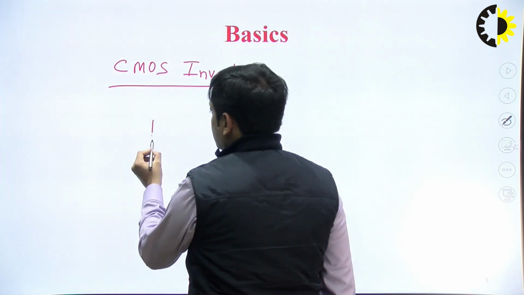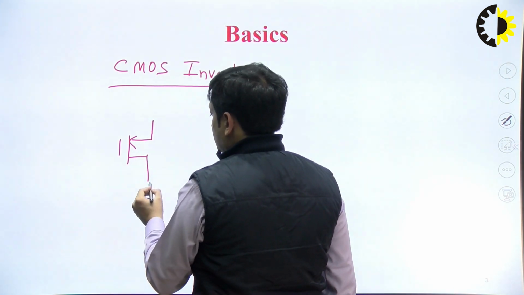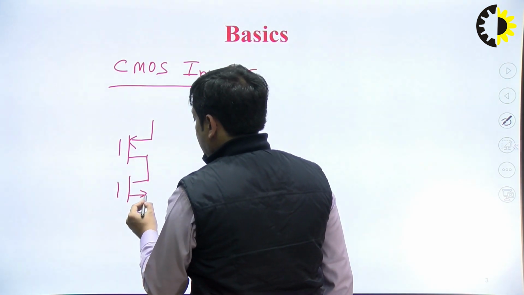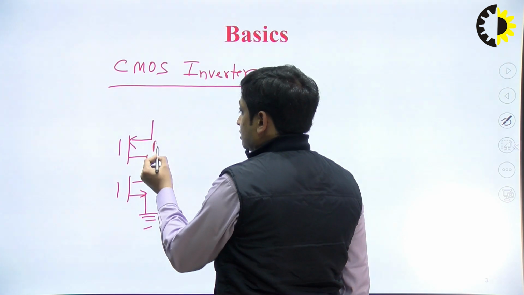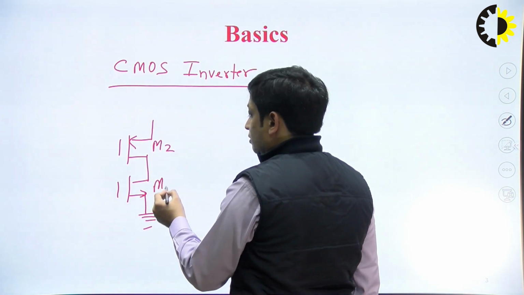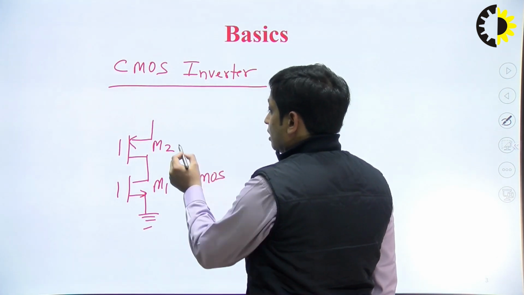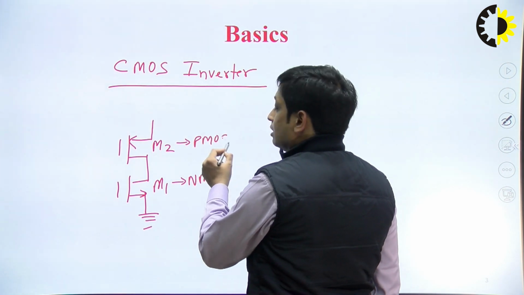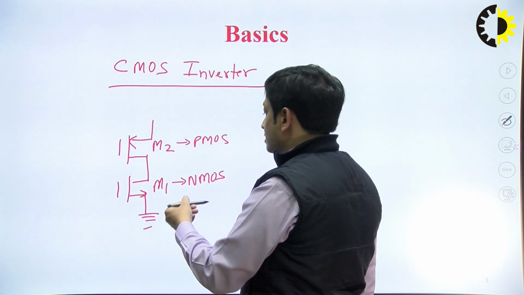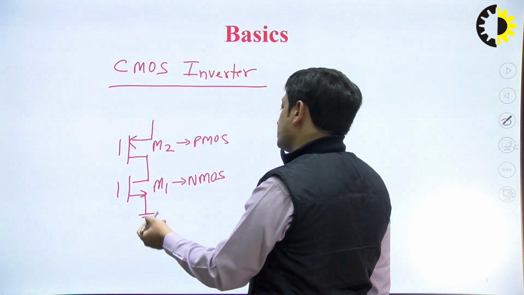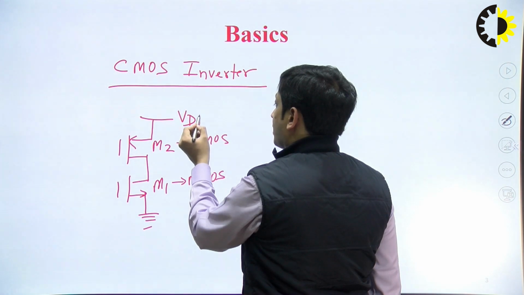The source of the PMOS is connected to the higher potential and the source of NMOS is connected to the lower potential, let's say ground. The upper transistor, let's say M2, is PMOS, and the lower one, M1, is NMOS. You can see that the arrow at the source is inwards for PMOS and outwards for NMOS. The source of the NMOS is at lower potential and the source of the PMOS is at the supply voltage VDD.